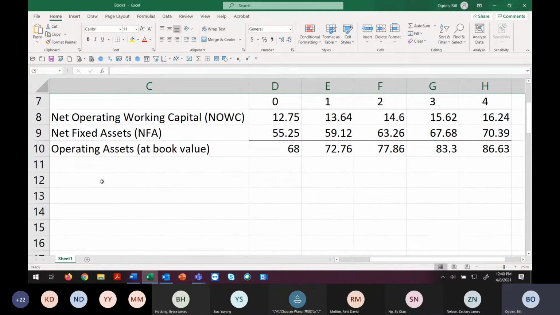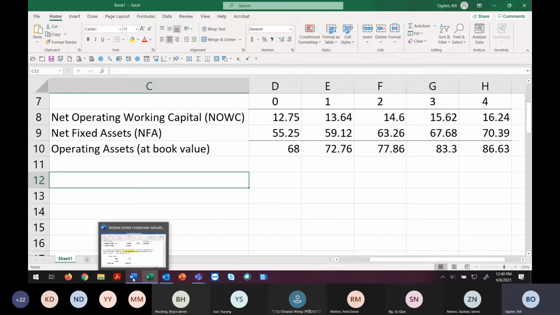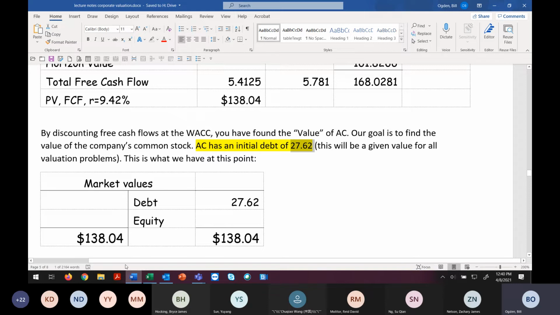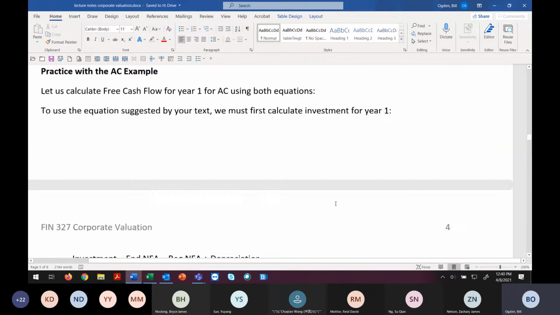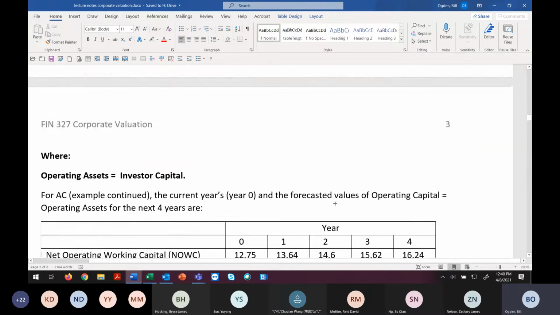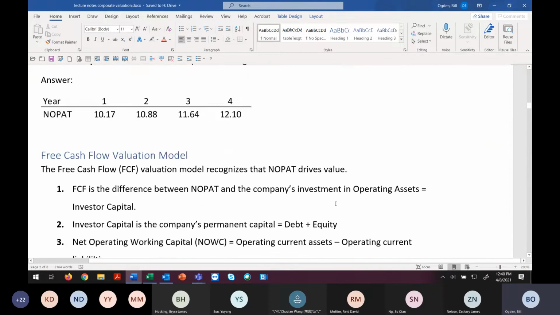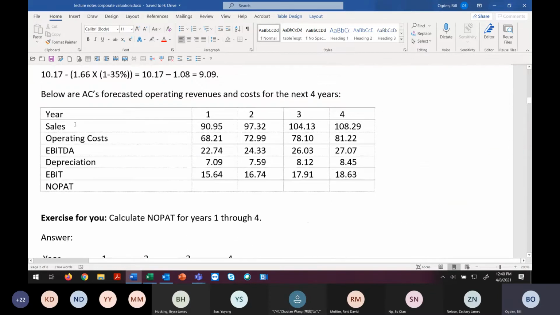Let's now go and get our 4 years of income statements. And if you're having trouble keeping up, please let me know. Okay, so let's go back and get our 4 years. Here they are.